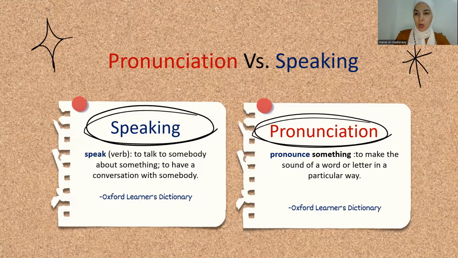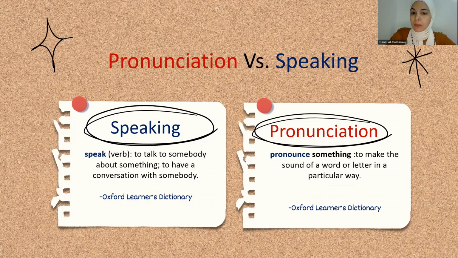In order to speak, to express your ideas or to converse with someone, you not only need ways of pronouncing the words, but also a great number of words to be able to express yourself very well. And you need a variety of grammatical structures to help you put these words together in a meaningful way.